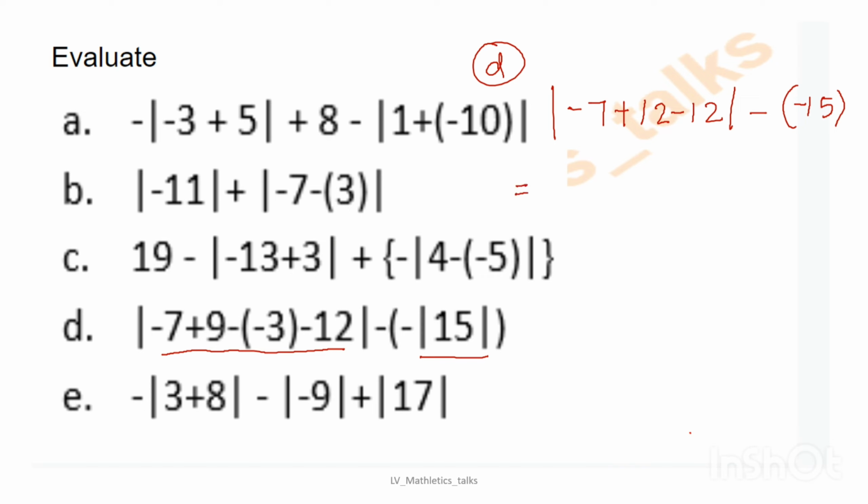So this is equal to, this minus 12 and plus 12 get cancelled. So minus 7 and then plus 15. So this is nothing but absolute value of minus 7 is 7 plus 15, which is equal to 22.